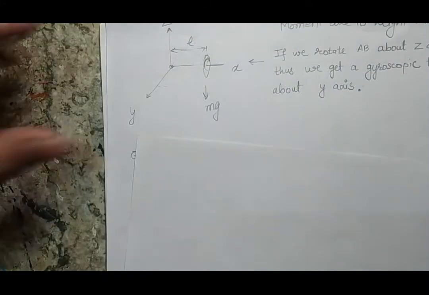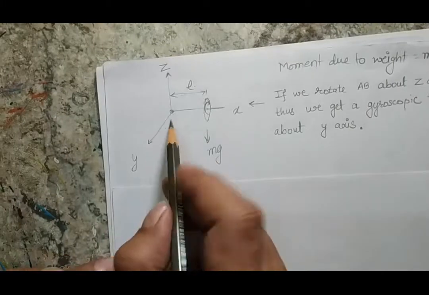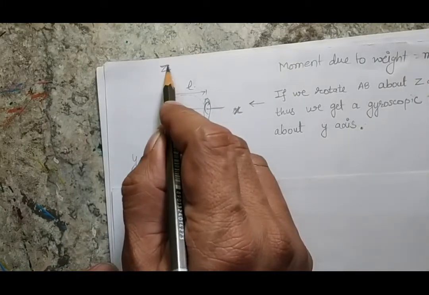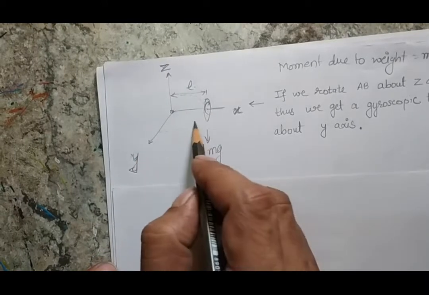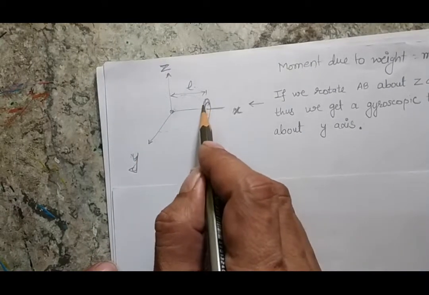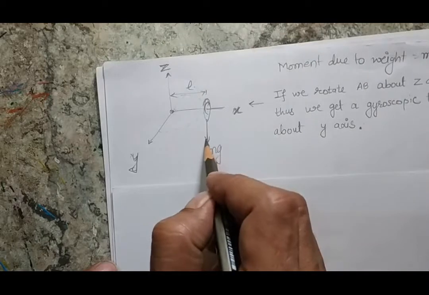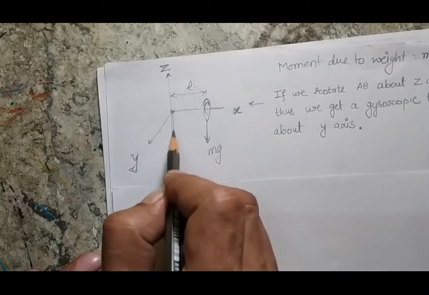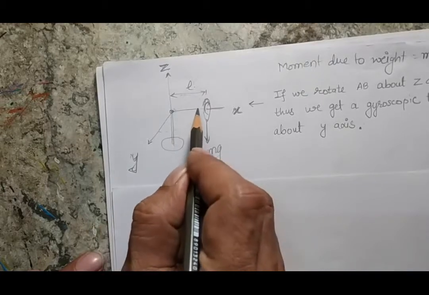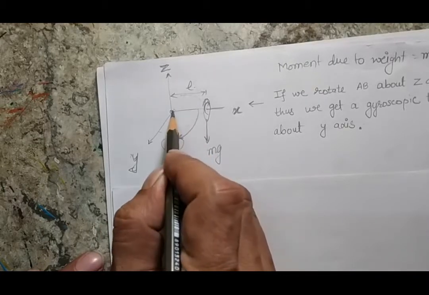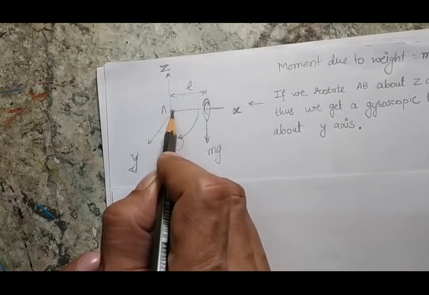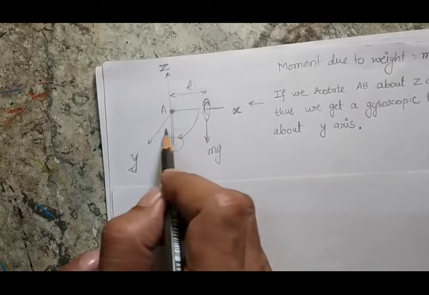So now this is my rotor. I am assuming three axes. One is the x-axis, this is the z-axis, and this is the y-axis. If the rotor is stationary, it will fall because of the gravity, it will rotate and come in this way, but it cannot go anywhere from this point A because it's a universal joint, but it can rotate about this point.